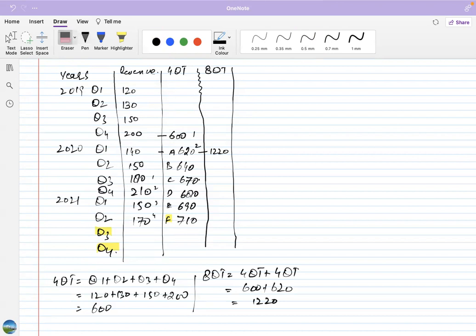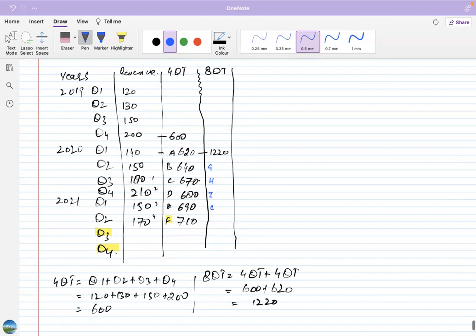It means that if in an examination you are asked to calculate the value of G, H, I, J, K, you can easily calculate that, because for the value of G, it will mean that 640 plus 620.